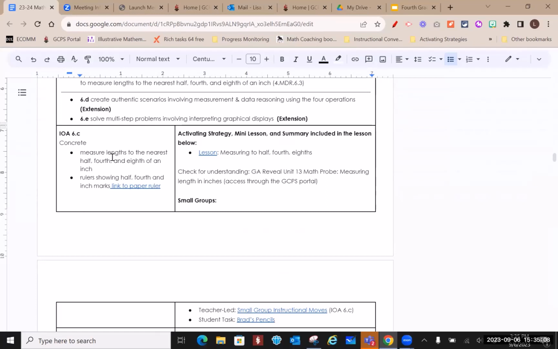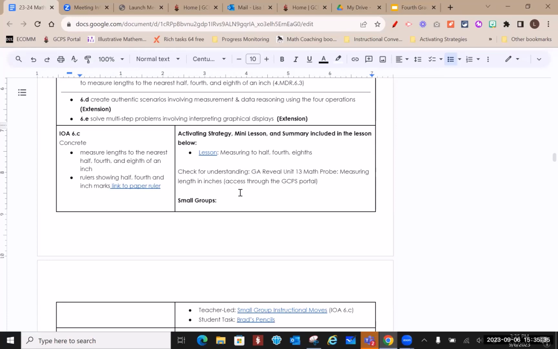The bulleted list states specific learning objectives within the IOAs, as well as suggested manipulatives. And then, of course, on the right-hand side, we are showing all the resources, which could be traditional lesson plans, task-based lessons, formative assessments, small group instructional moves, student tasks, and any additional resources that are aligned to the learning targets for that day.